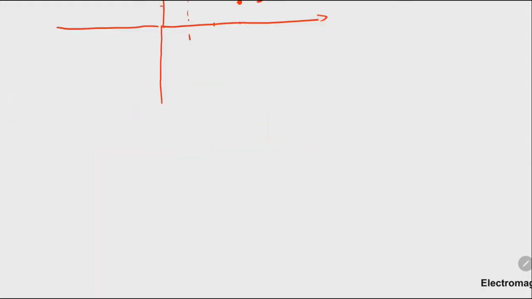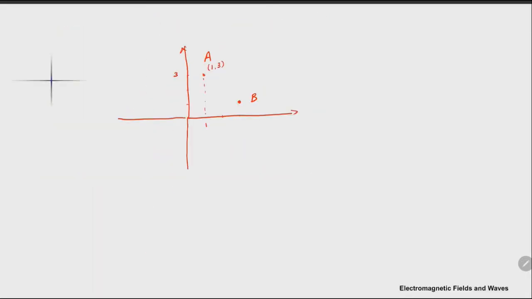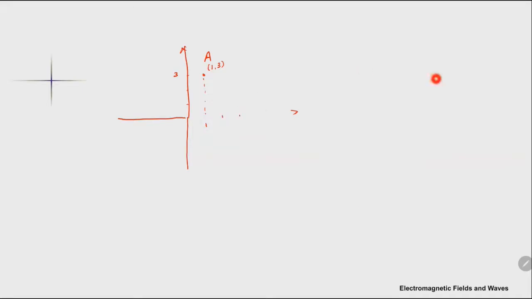Okay, let's make this one 4, 1. These are called position vectors with reference to the origin, X and Y.